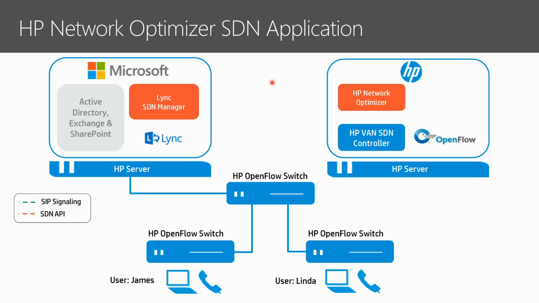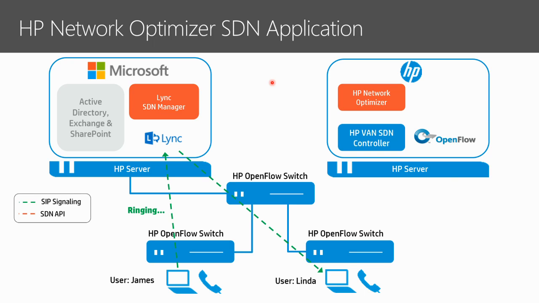So here on the left we have the Microsoft side of this, the Lync software stack, Active Directory. Over on the right we have HP, the Network Optimizer, and the controller, and then we have the switches and the servers that this rides on.